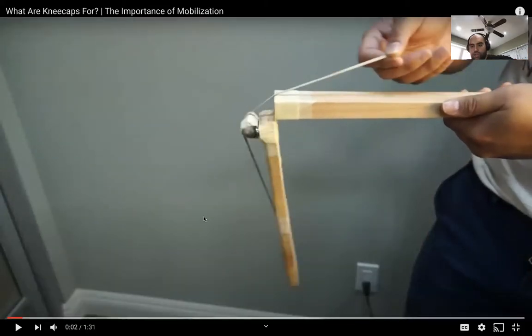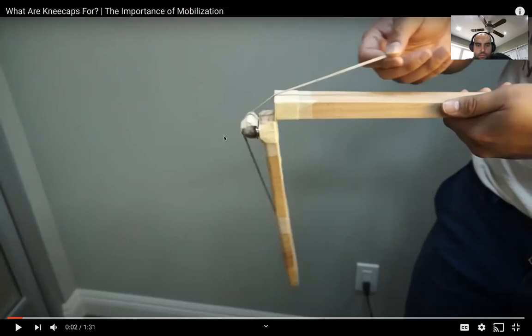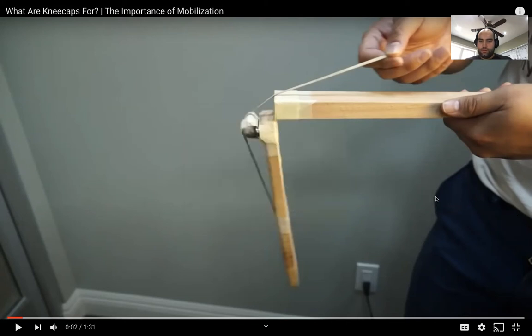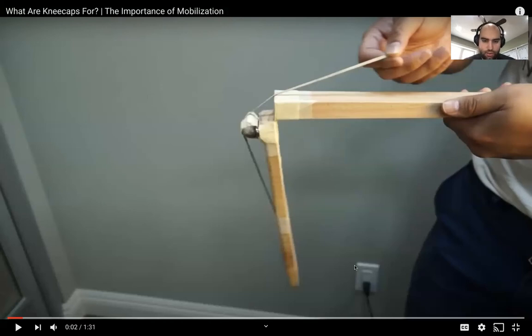Share computer, check share computer sound under share screen. Oh, wow. Oh, what the heck? Yeah, I see. I think I might have to change the settings a bit. I'll give it a try, guys. Sorry, give me a second, guys. I'm gonna give this a try.